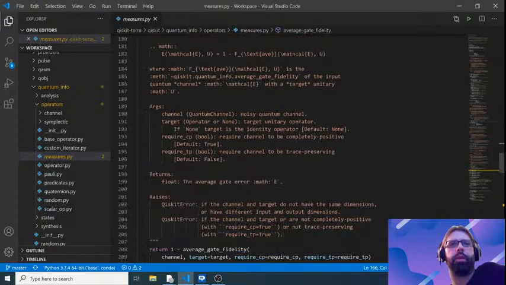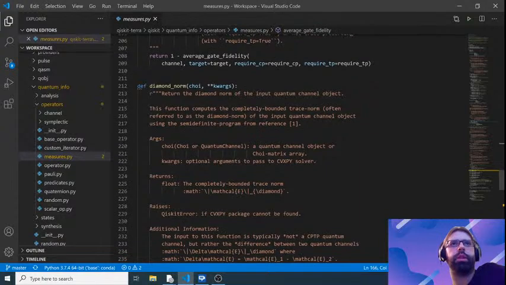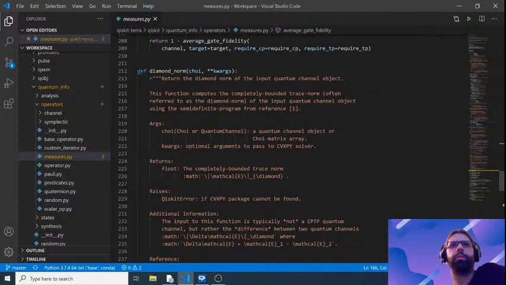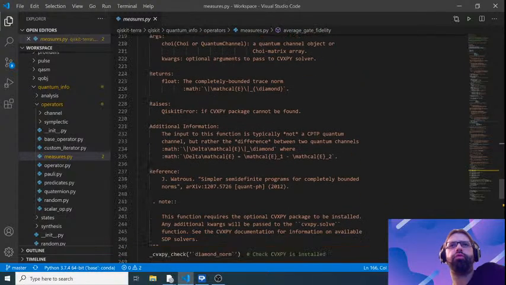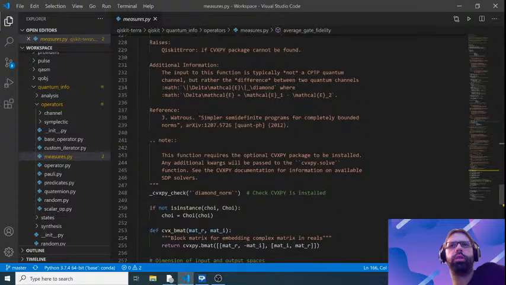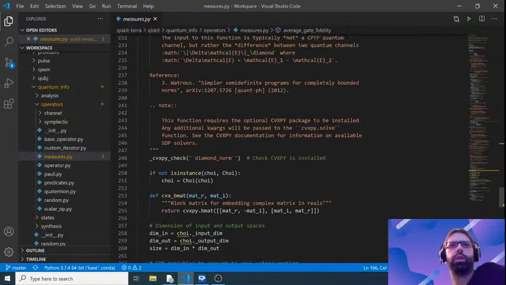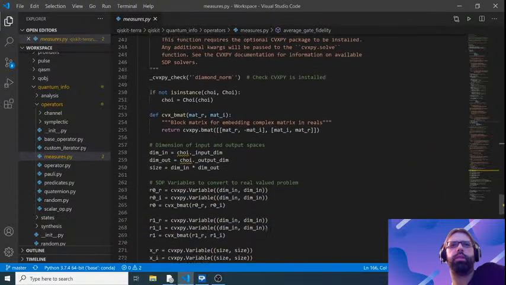Gate error. Diamond norm. What is the diamond norm? Dimension of input. Yeah, that's that.